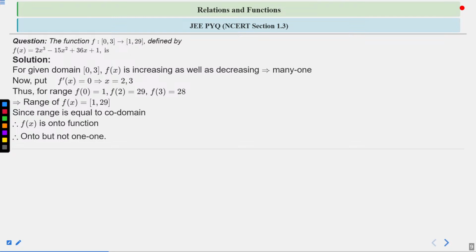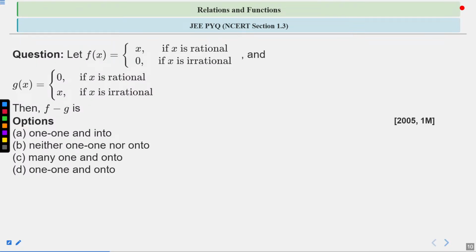Okay, let us move to the next question. Let f(x) = x if x is a rational number and 0 if x is an irrational number, and g(x) is defined as 0 when x is rational and x when x is irrational.